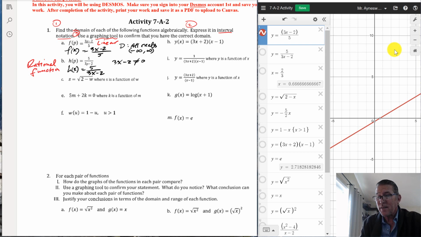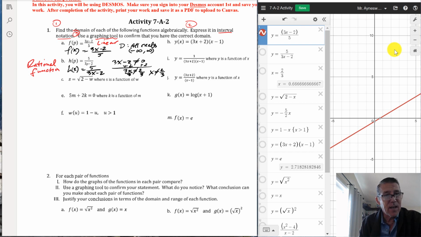So whatever x is here, we have to solve this and restrict that from the domain. It's going to be all reals except this. So you add 2, do some simple math, you get 3x not equal to 2, divide by 3, and right here, x cannot be equal to 2/3. So the domain is all reals except 2/3.